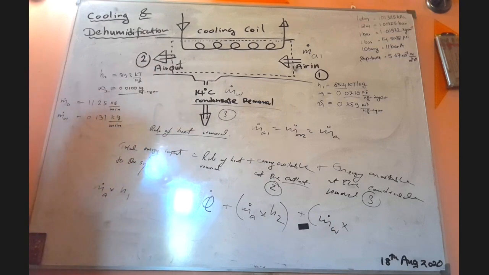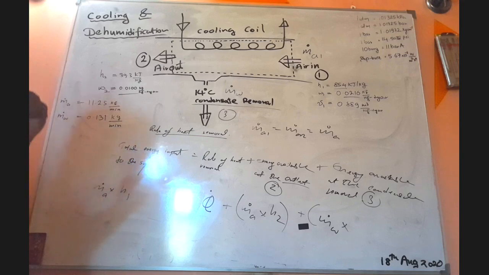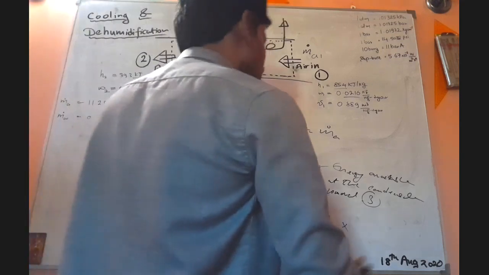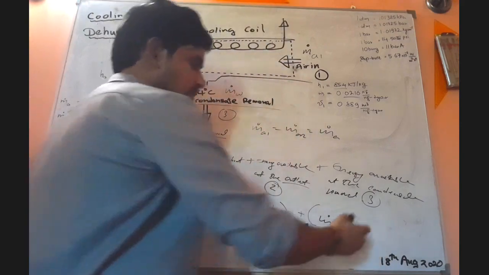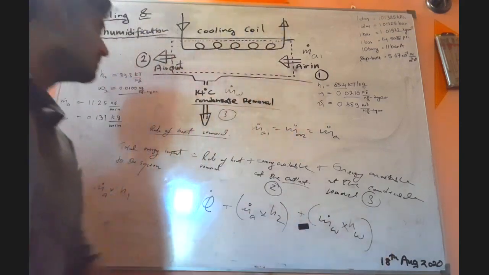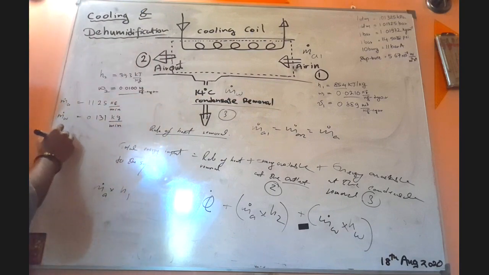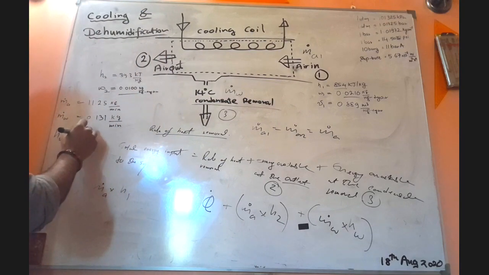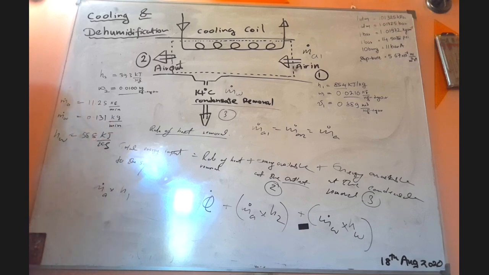Let's keep it a notation hw. HW is given in the problem, that is 58.8 kilojoules per kilogram.